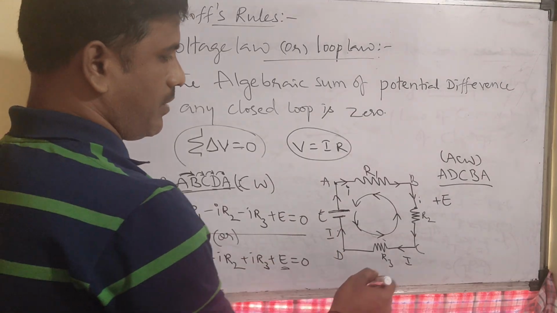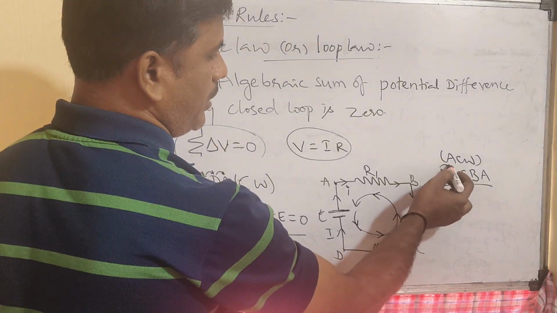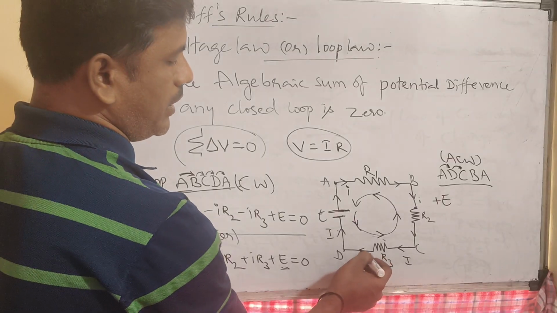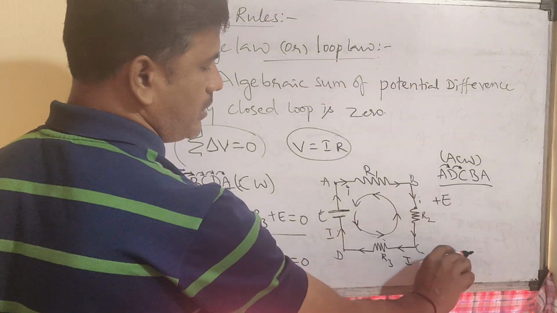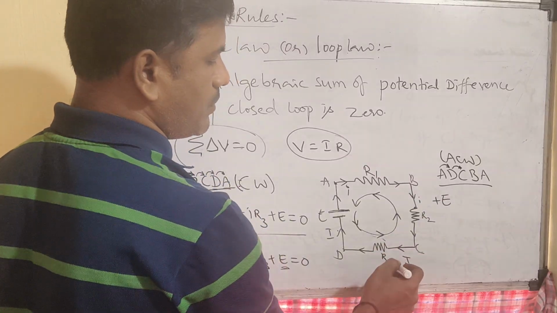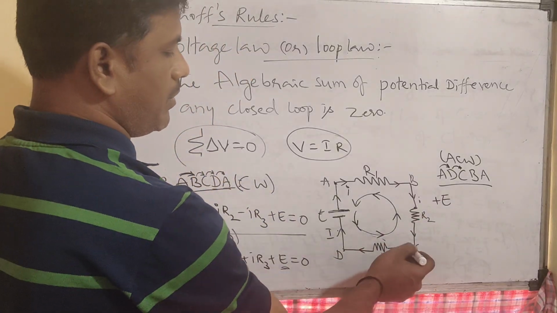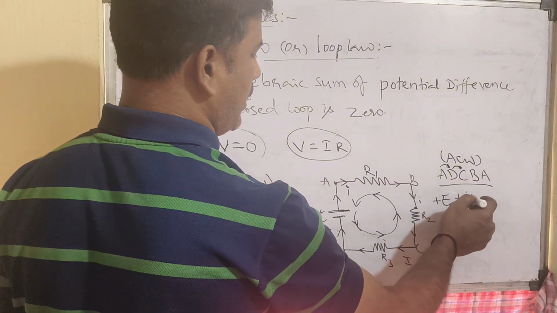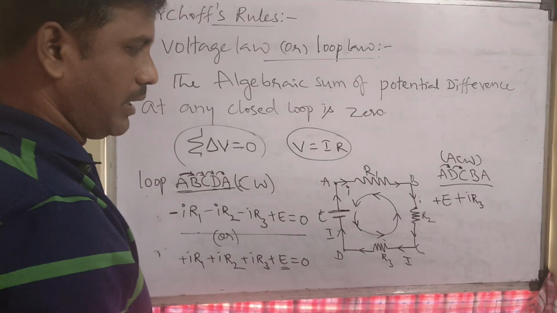Means cells. Right. Next, D to C. A to D over. D to C. Current direction is C to D, but our direction is D to C. D to C means what? Opposite. First condition is what? Same direction means minus, opposite direction means plus. So plus IR3. Clear? Right.